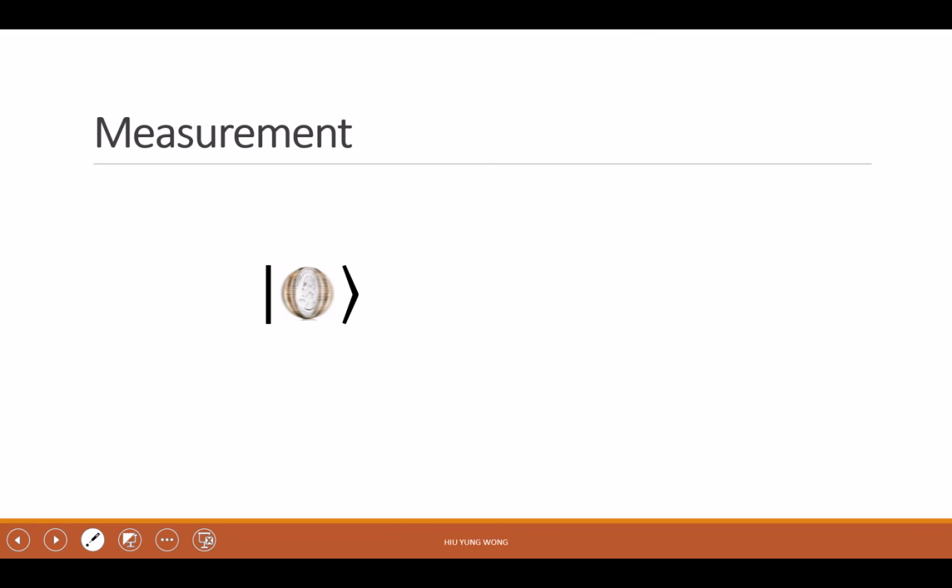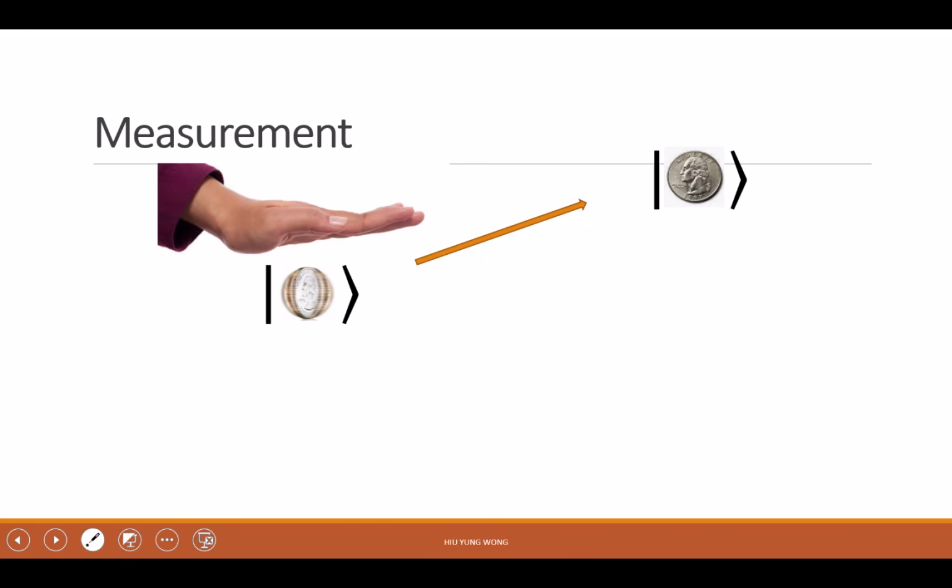What will happen if we do the measurement? I want to extract the result. It's just like the spinning coin. This is not a real superposition, analogy only. I want to know what is head and tail. What will you do? You've got to stop it from spinning. Then what will happen when you stop it? You either collapse to head or collapse to tail.